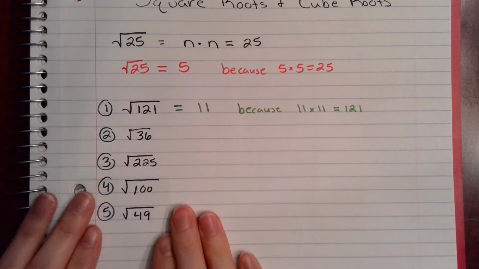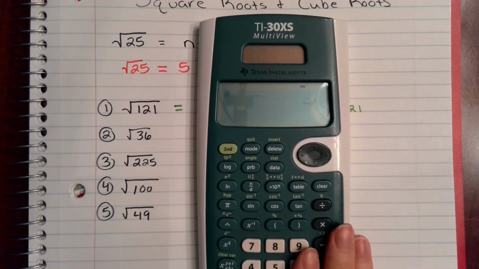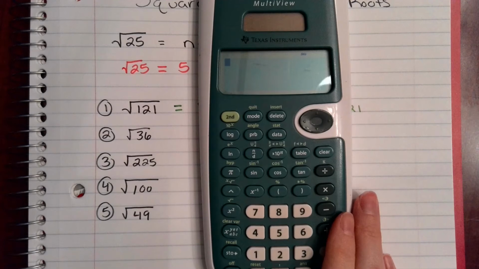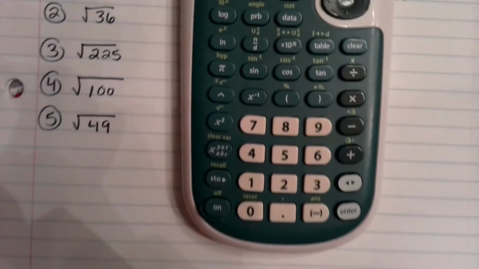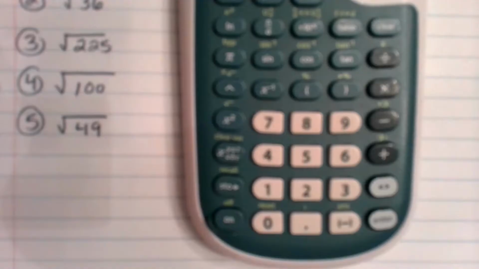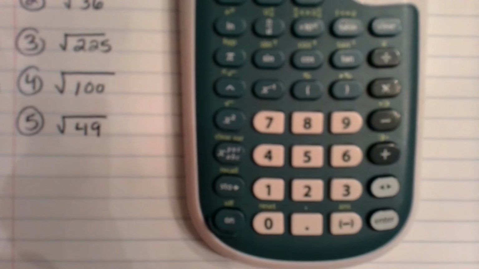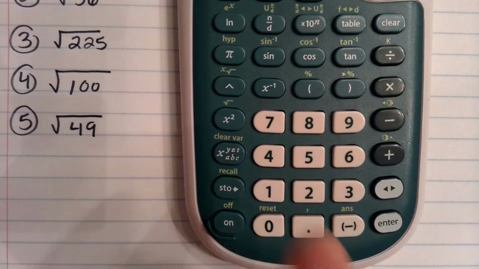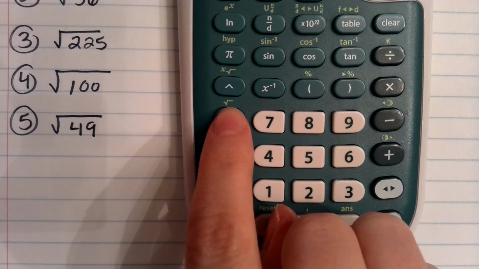Now, if you cannot figure it out in your head, then there is a nice, wonderful option right here on your calculator. So you do have a root button, which is right here. I'll zoom in. It's in green, right above this x squared button. So if you see the x squared button, right above it in the green is a square root button.